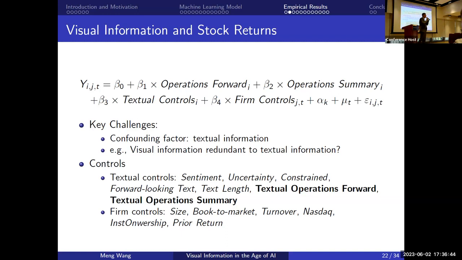Okay. I guess the question is that visual information is not signed; it doesn't mean positive or negative. Maybe there's a selection process where firms tend to make good use of it. I can differentiate: what if the visual information is a negative thing, what if I just show bad things about future operations, or what if the executive thinks the visual information is good but the market does not believe so?